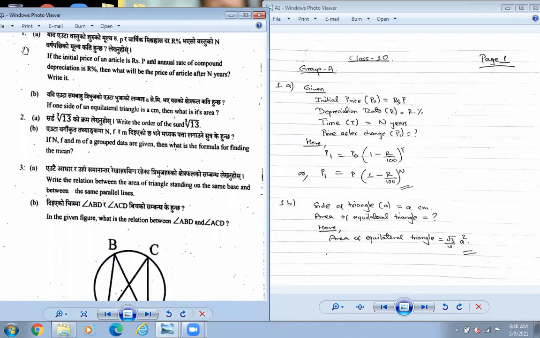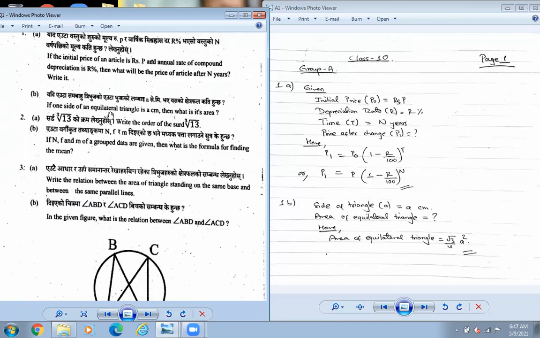Okay, so number 1B. If one side of an equilateral triangle is a centimeter.